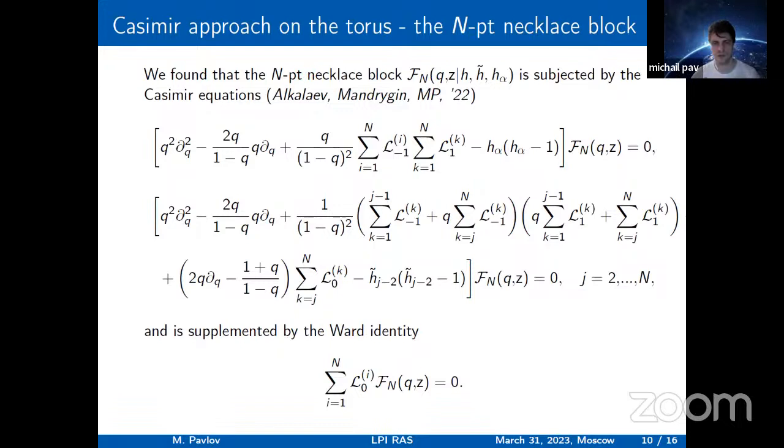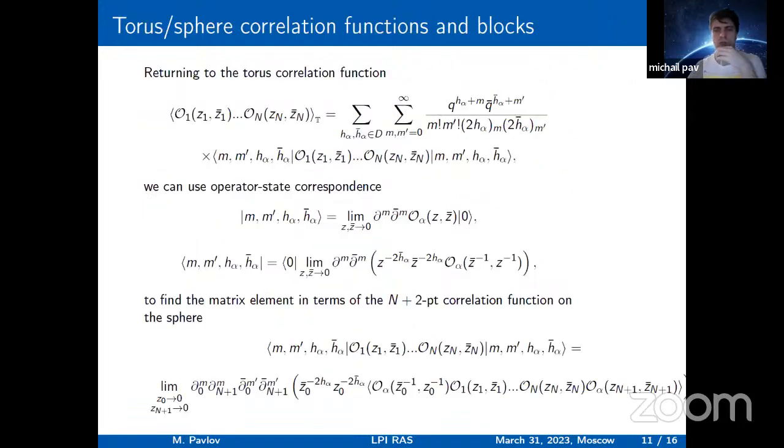Okay, so from this moment we can think about these equations as a test field, and having these equations, we can return to torus correlation functions. Here we remember this expression for torus correlation functions, which includes this matrix element in the second line.